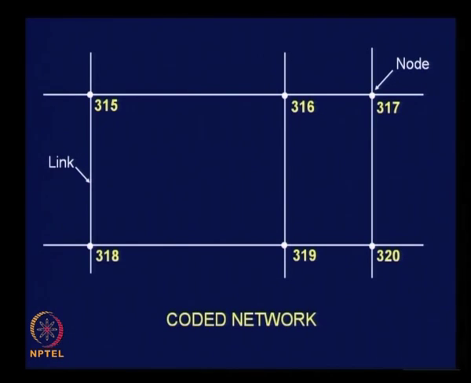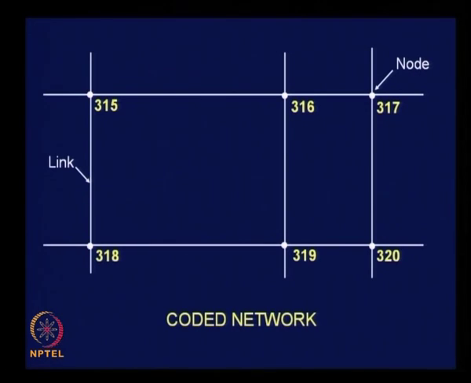And now we can represent any intersection using these numbers, and any stretch of road can be represented using a set of numbers. For example, 315, 316 refers to the stretch of road connecting the nodes 315 and 316. Clear?